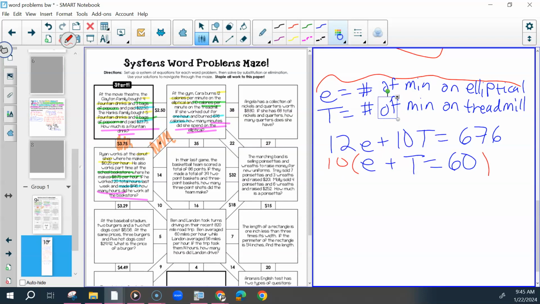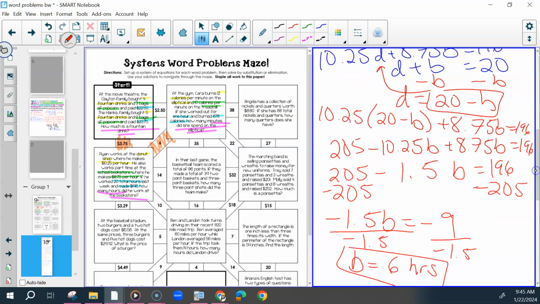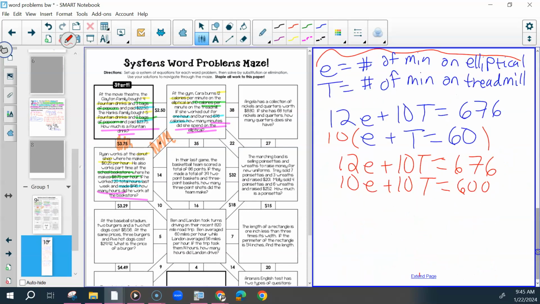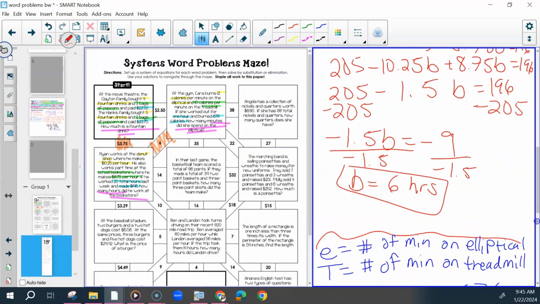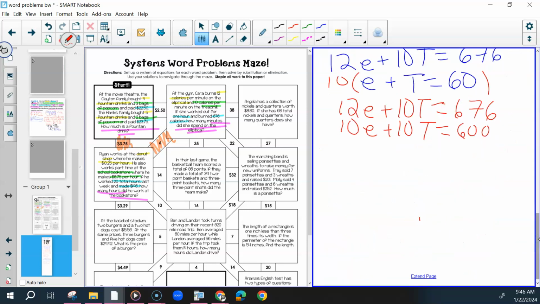And then I'm going to rewrite both just so that they're on top of one another. You have common coefficients for T. How would we eliminate?